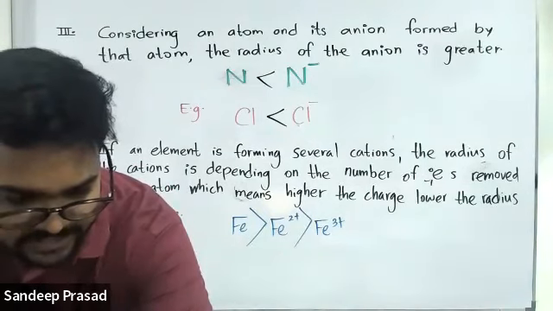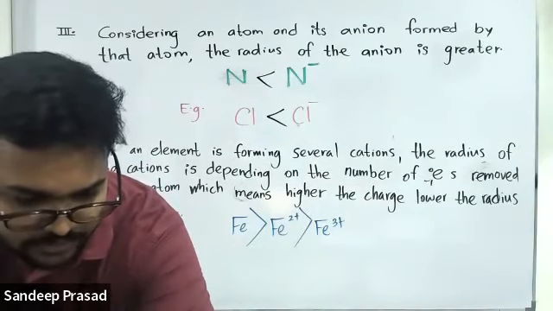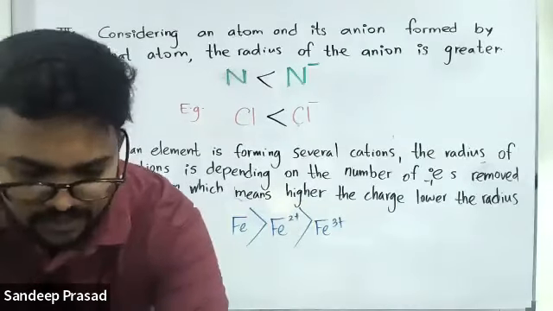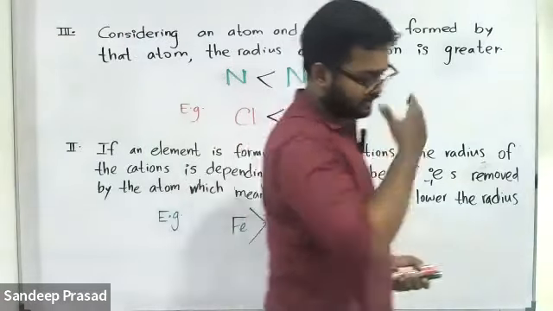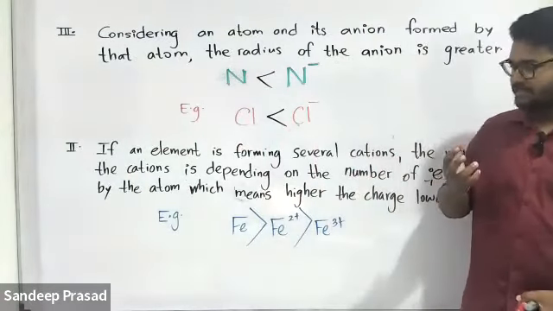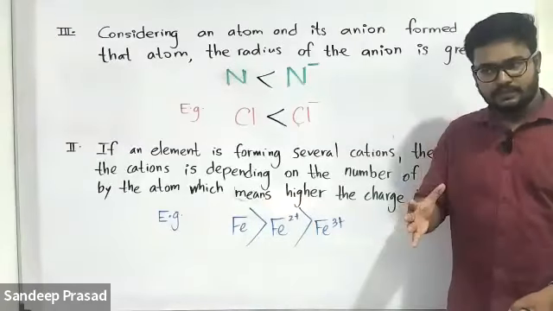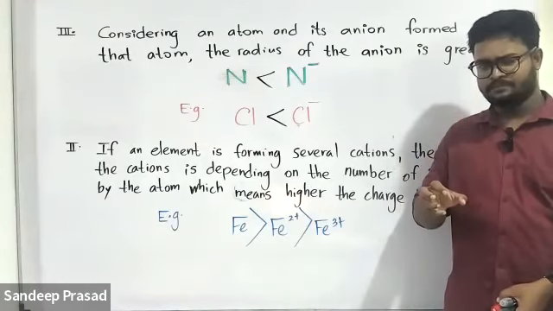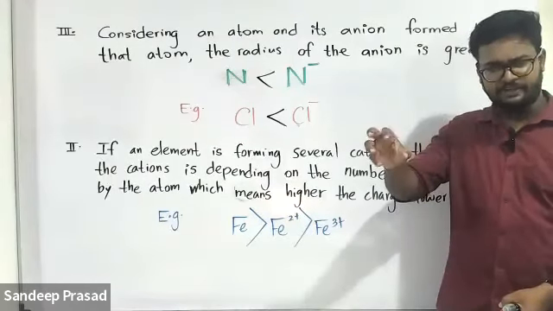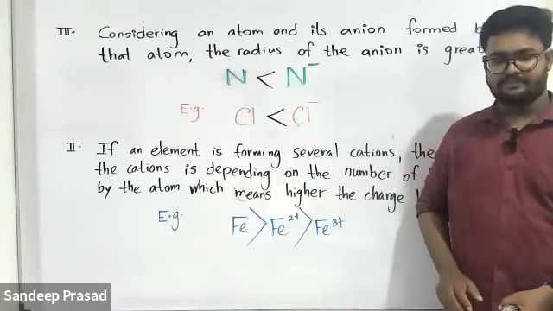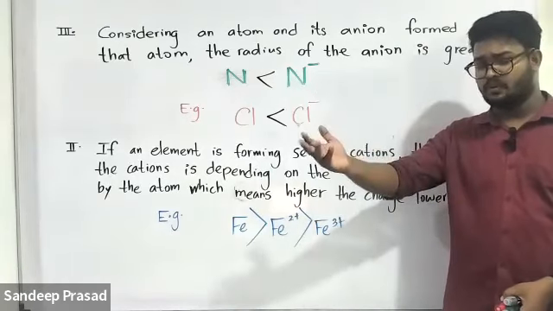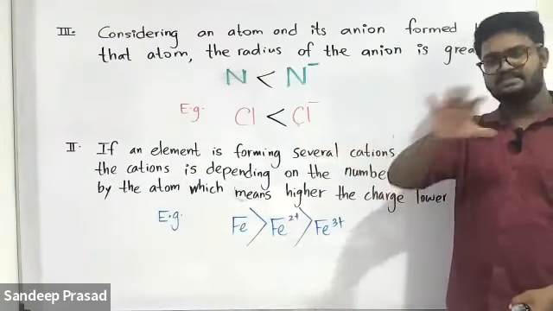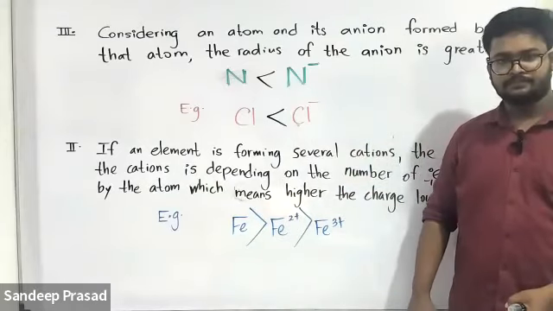If electrons in the same subshell are removed or added, we can't say it won't affect the radius, because the nuclear charge felt by the atom affects each and every electron inside the atom, whether in the valence shell or inner shell. The nuclear charge affects each and every electron somehow.